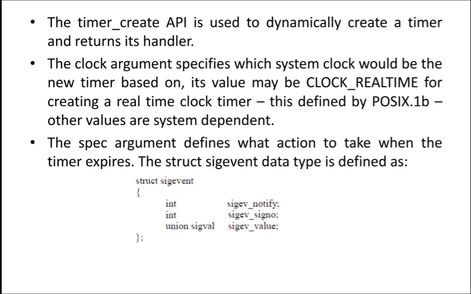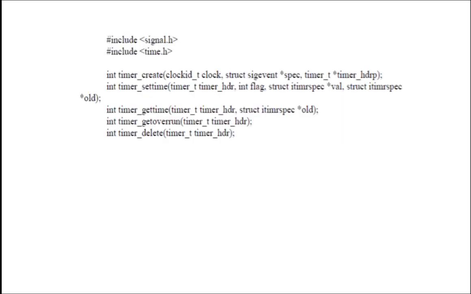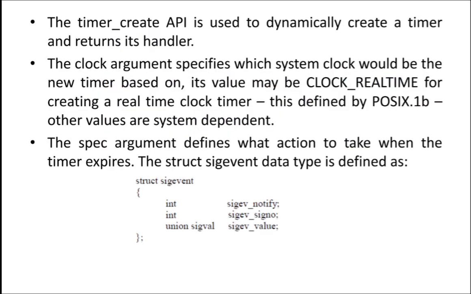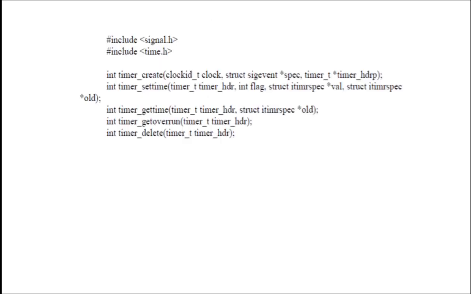And the sig event, you can see here, is a signal event. In simple words, it is a signal event. The structure signal event data type is defined as, you can see there, signal event is a structure. It contains different data types. So why am I using a signal event here in timer create?